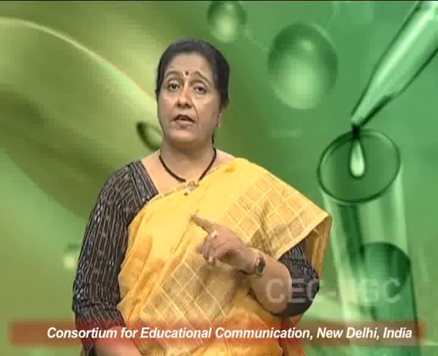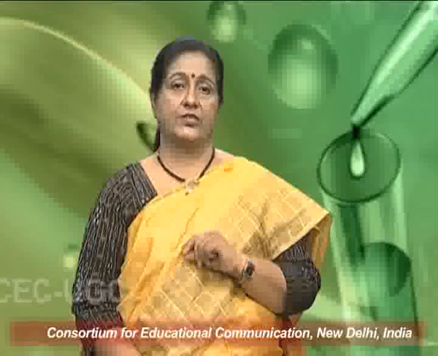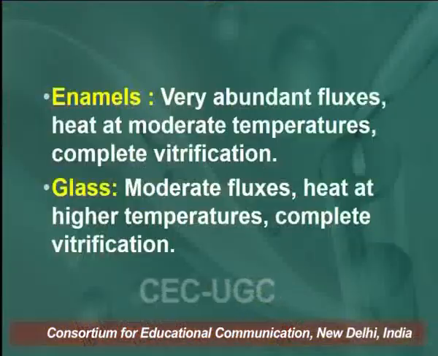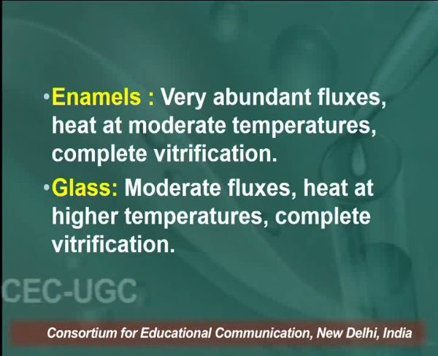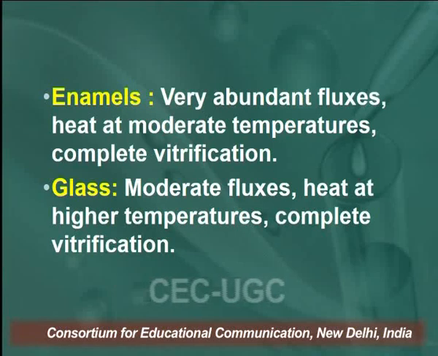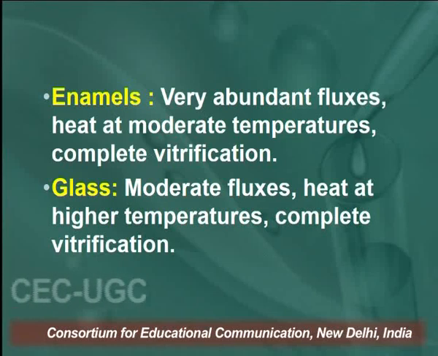Then we have heavy clay products, abundant fluxes, heat at low temperature and little vitrification. Refractories, little fluxes, heat at high temperatures and little vitrification. Enamels, very abundant fluxes, heat at moderate temperatures and complete vitrification. Glass, moderate fluxes, heat at higher temperatures and complete vitrification.